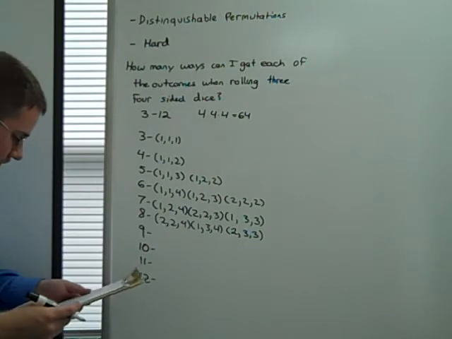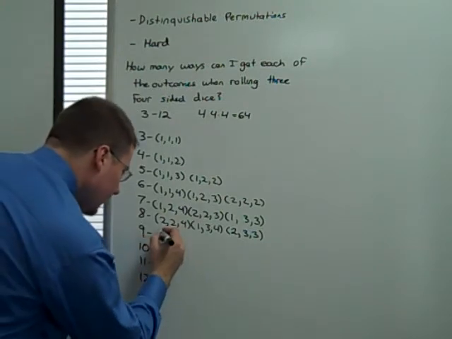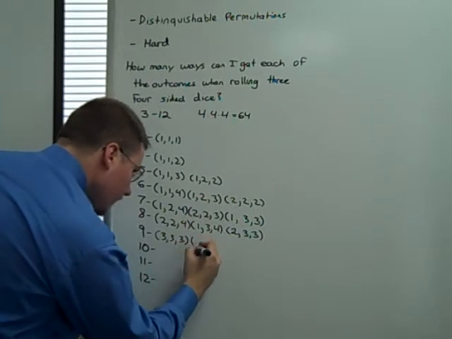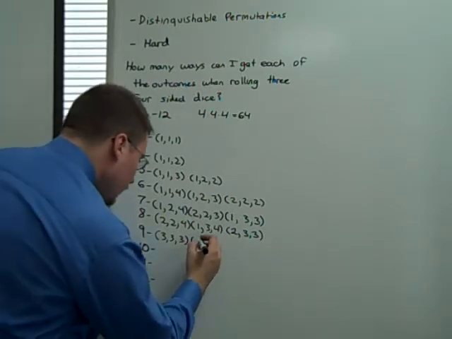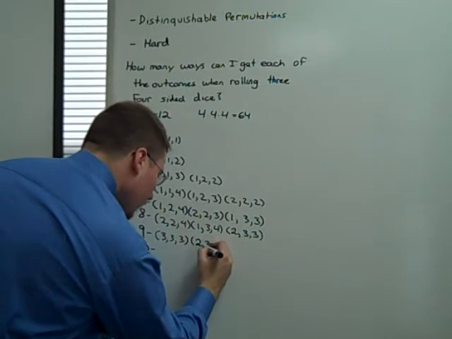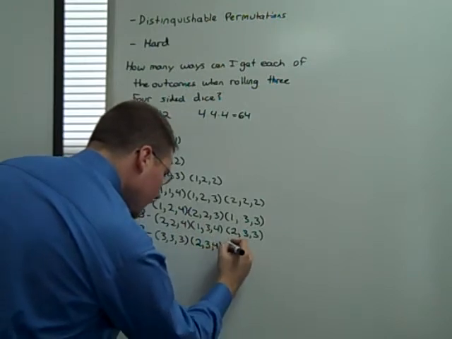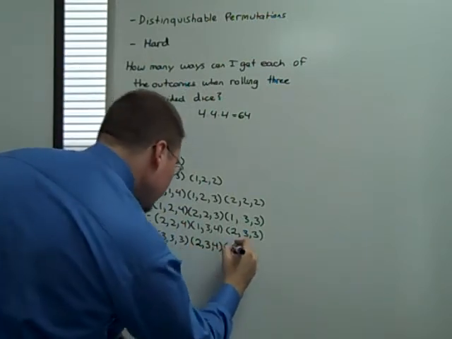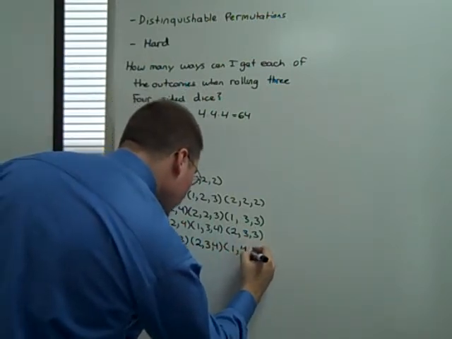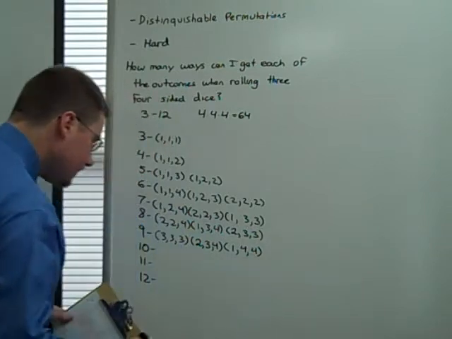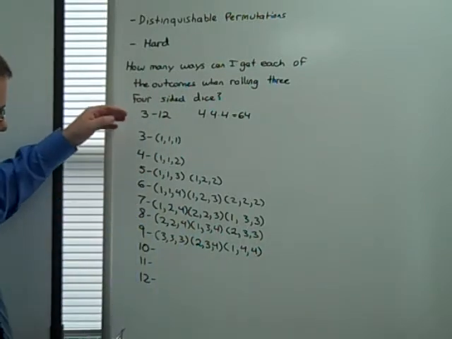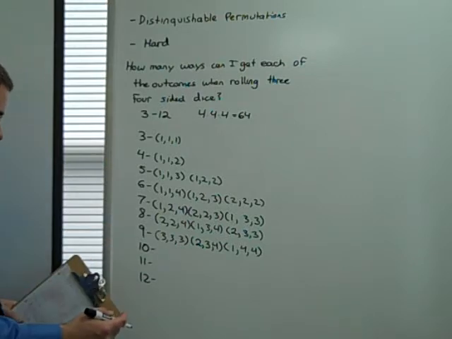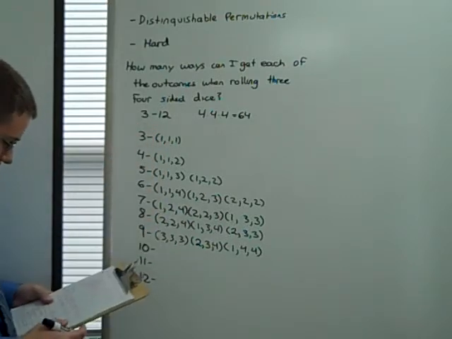Let's see, for 9, I could get a 3, 3, 3. I could also get a 2, 3, 4. Or I could get a 1, 4, 4. Now, notice that we're building up, and then we're going to start diminishing down, because there is a sort of symmetry here.